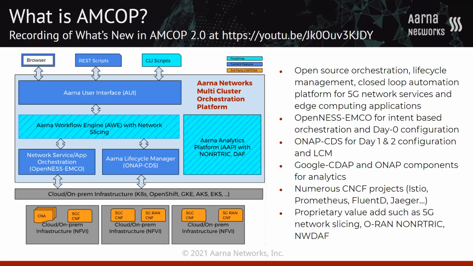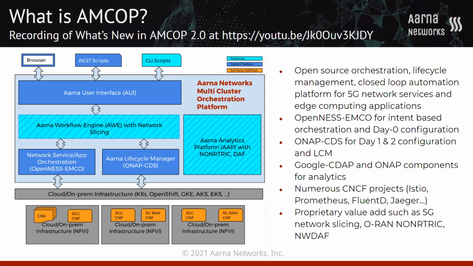As a part of this package, we are using a lot of CNCF projects, Istio, Prometheus, Fluentd, Jaeger and others. These are used for creating this entire tool and providing the necessary orchestration functionality.